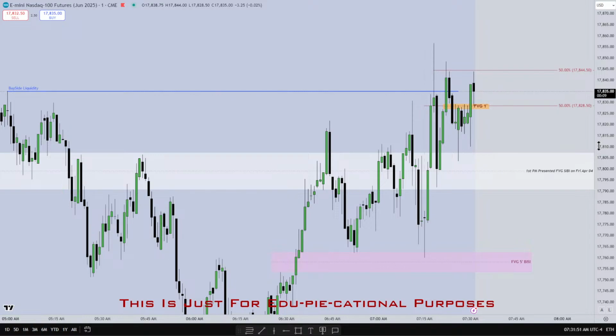We have a tap to the inversion fair value gap in 1 minute. Now that is not an inversion anymore. It is a reclaimed fair value gap, as we closed above it and we have touched it again.